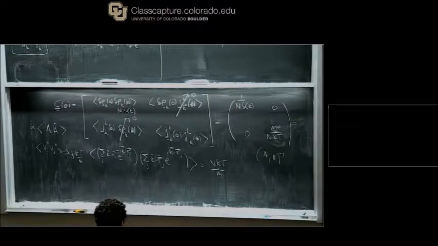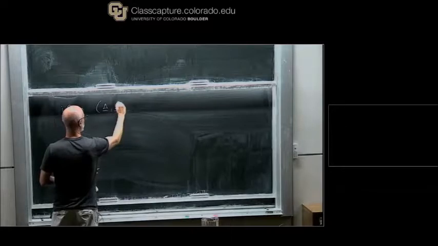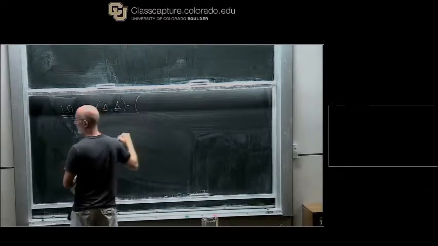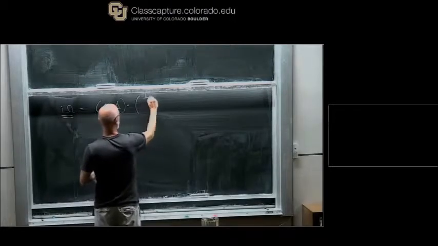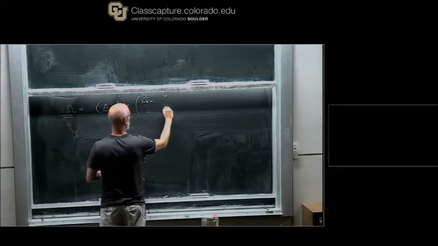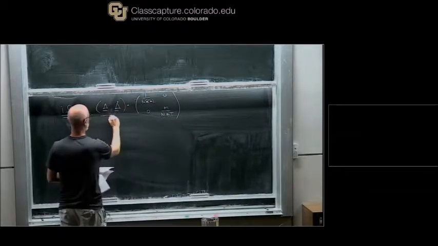So what else do we need? Now let's calculate the i omega matrix, which is the matrix of A and A dot times the normalization, which we now know is 1 over N s of k, 0, 0, m over N k_B T. Right, so we have to calculate what this matrix is.